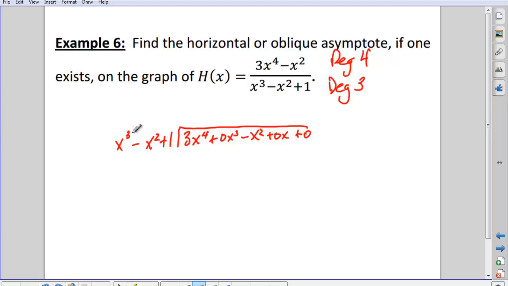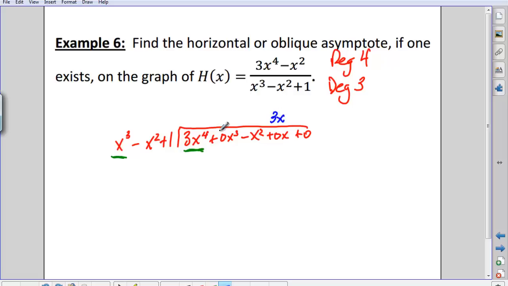From here, we say, okay, x cubed times what? Always starting with this first term, x cubed times what would give us 3x to the 4th? If I multiply x cubed by 3x, that will give me 3x to the 4th.